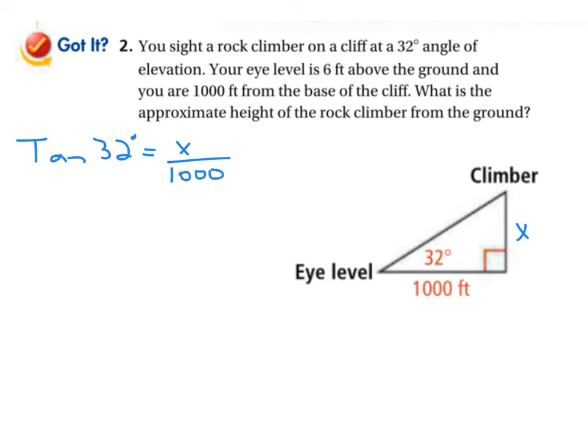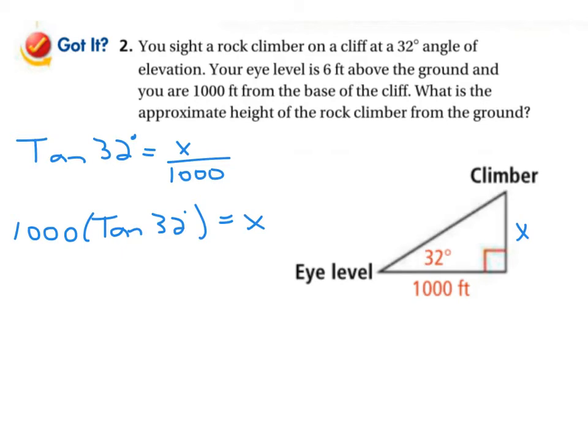Okay, multiplying both sides by 1,000, you get x equals 1,000 times the tangent of 32 degrees, which again is just a value that's in your calculator that is always the same. So I'm going to take my calculator here and figure this out.